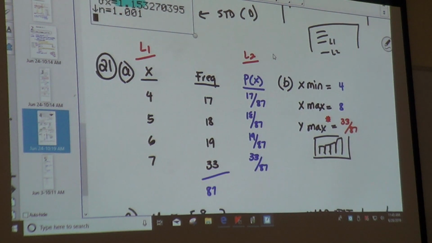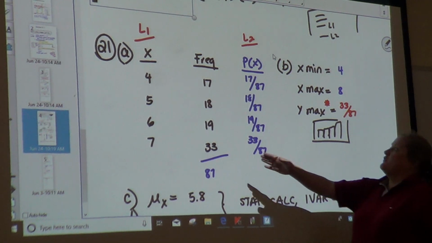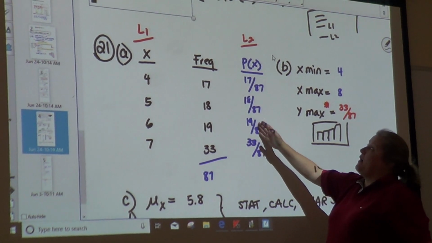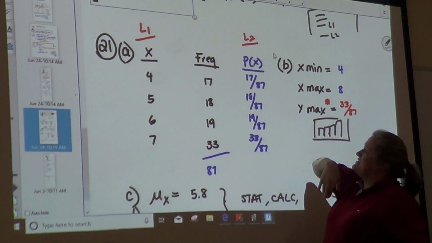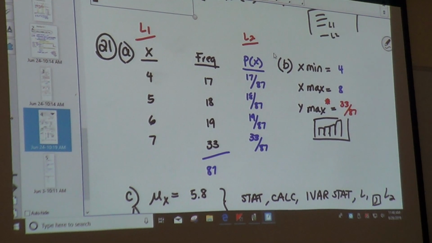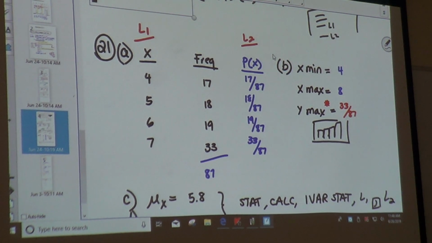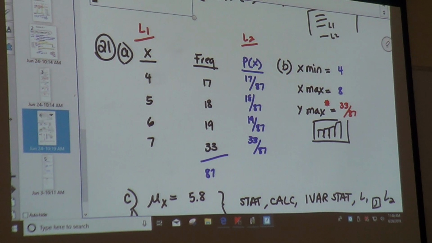Now, down here is the pretty version of what I did. There's my frequency, so I did my probability distribution, which was the 17, was it 87? I did the whole thing with 8. It is supposed to be 91.